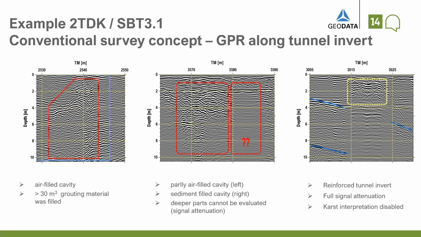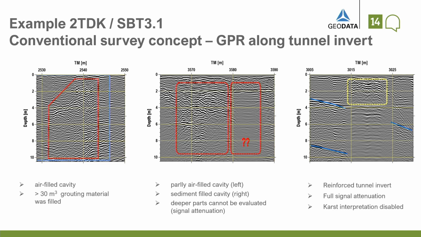And the third example, on the very right side, is one where the tunnel was partly reinforced with a metal reinforcement, or spray concrete reinforced with metal, which completely disables the electromagnetic waves from penetrating through the metal structure, and therefore this area is completely disabled for investigation.